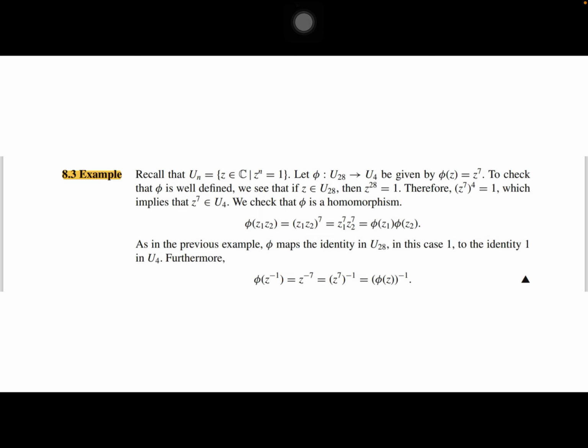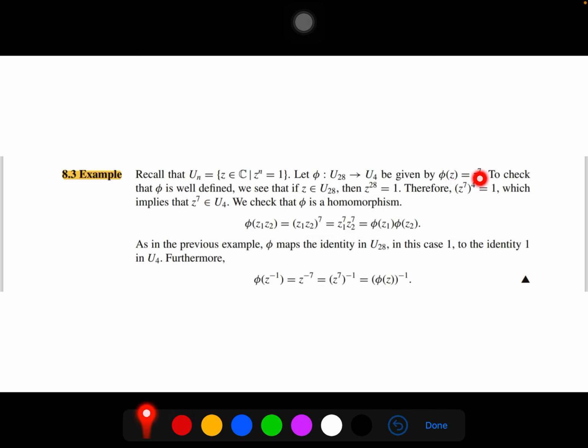And then given that the mapping is this, phi of z maps to z to the power of 7. What is z? z is the element taken from U28, from the domain, a complex number. So to check whether it is well defined, we take any complex number from U28, and when you raise it to the power 28 it will be equal to 1.